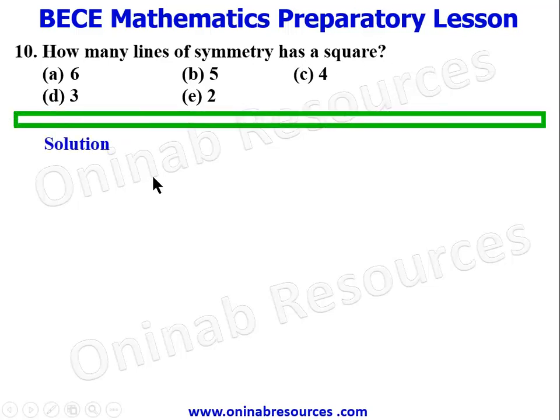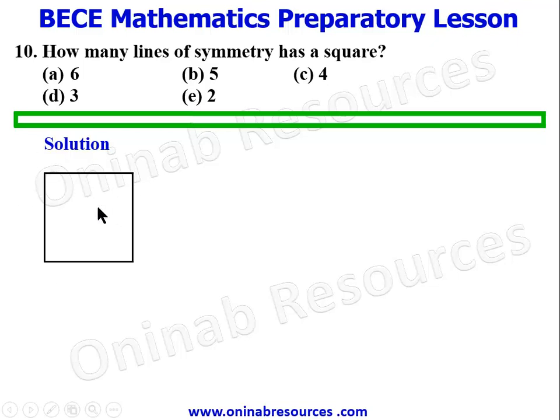We need to get the square and see what is a line of symmetry. A line of symmetry is a line that divides a shape into two equal halves or into two congruent parts. So we look at this square.